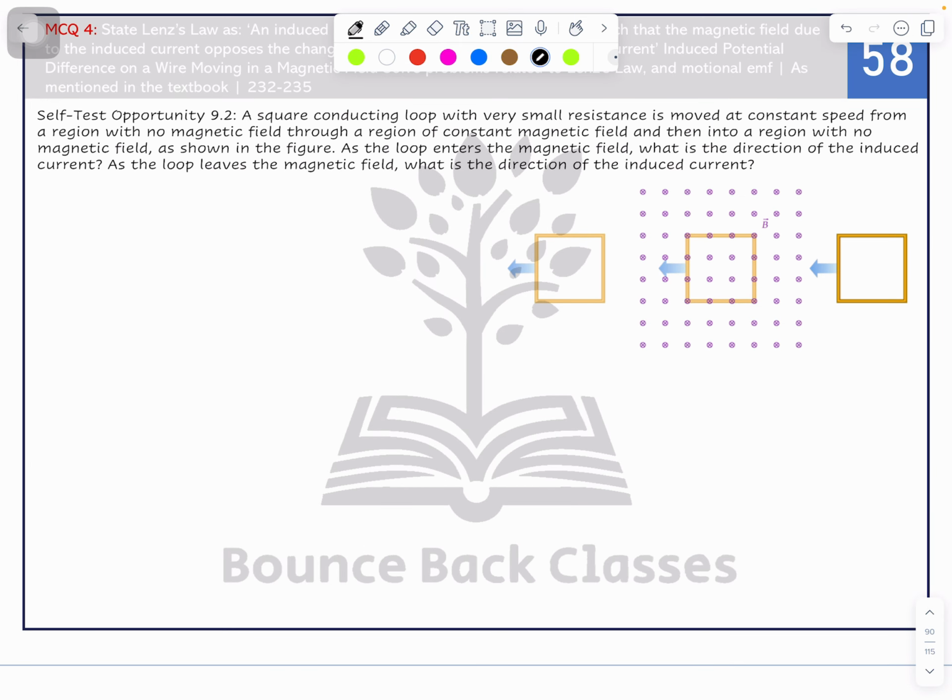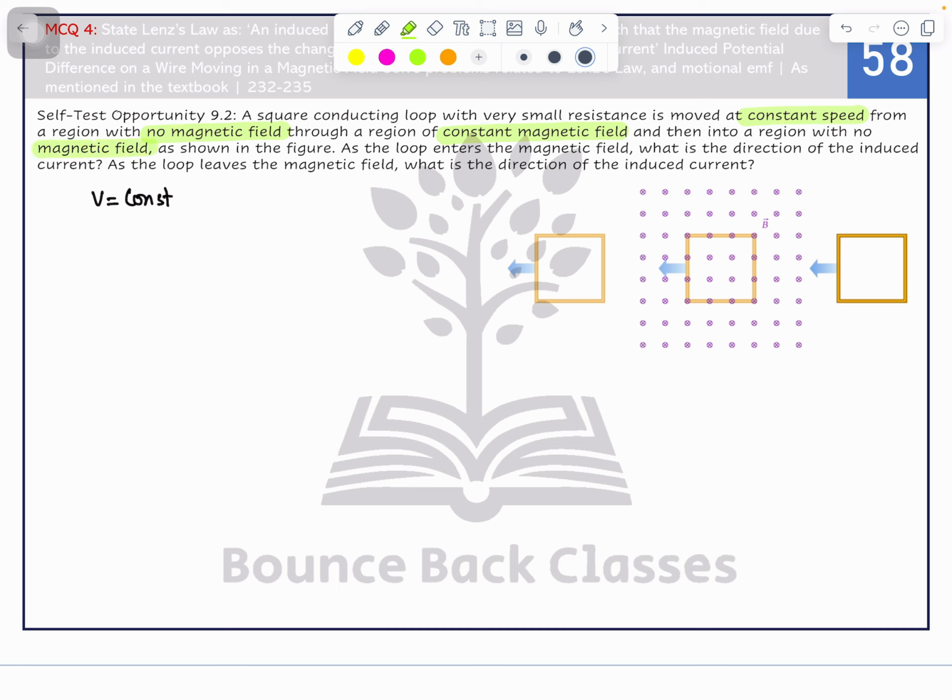A square conducting loop with very small resistance is moved at a constant speed. Velocity is given, so I can write V constant. It moves from a region with no magnetic field, through a region of constant magnetic field, and then into a region with no magnetic field.